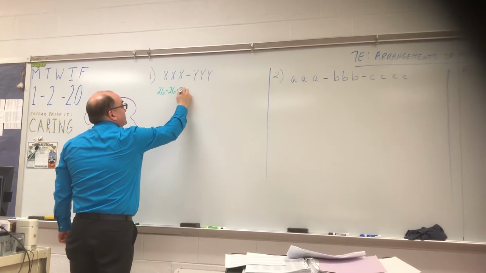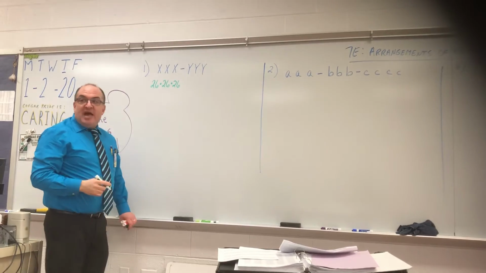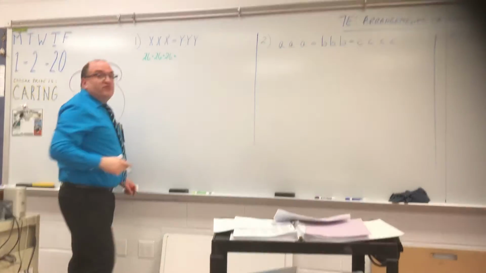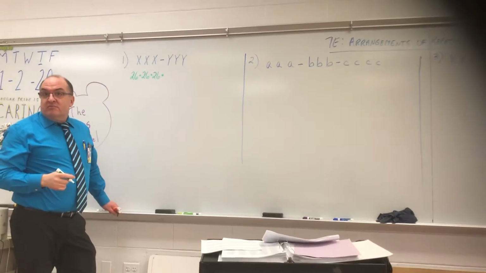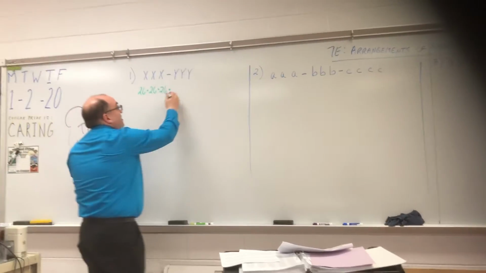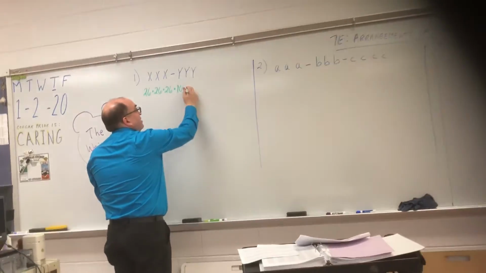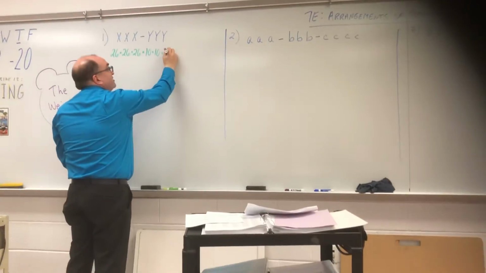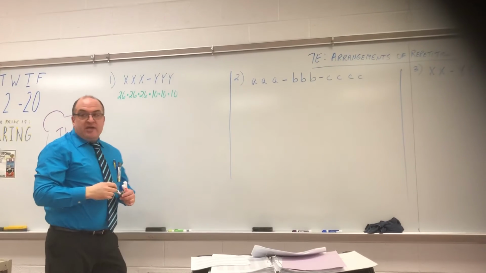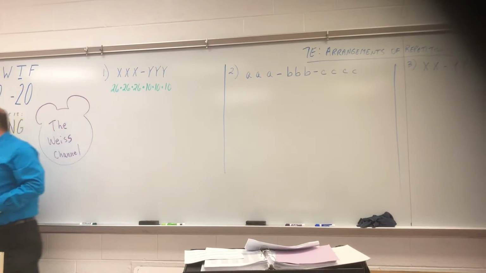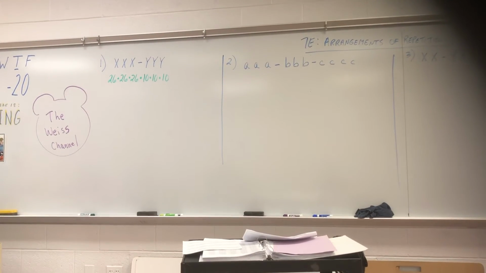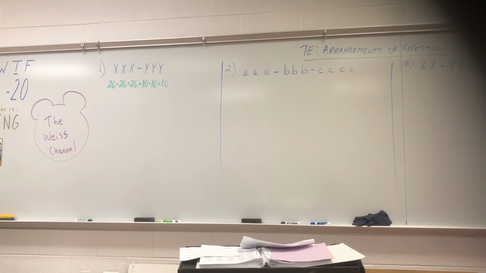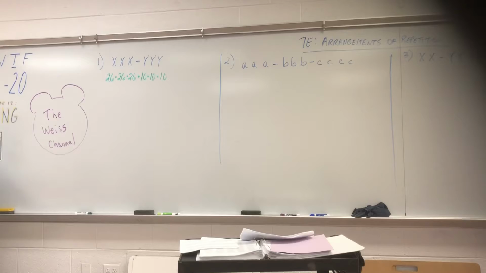So it's going to be 26 times 26 times 26, times how many possibilities for the first number? 10. The second number? 10. The third number? 10. So on your calculator, you do 26 times 26 times 26 times 10 times 10 times 10.